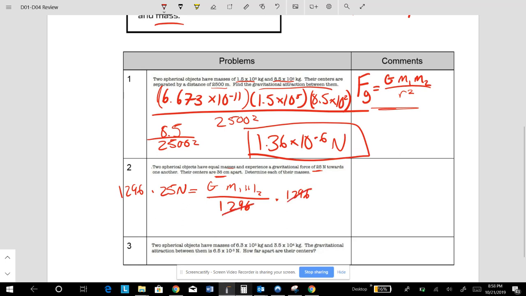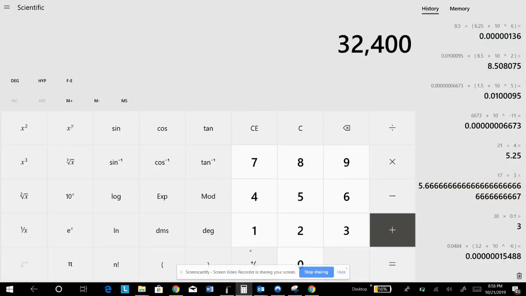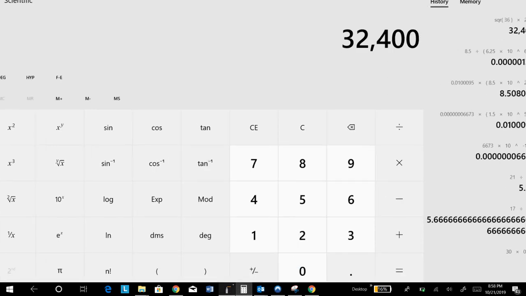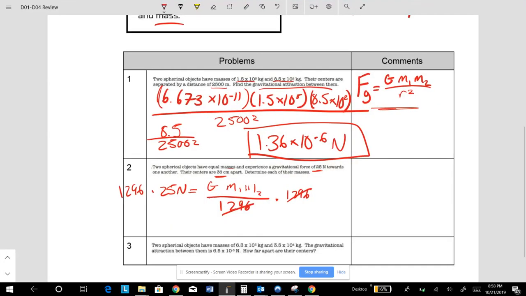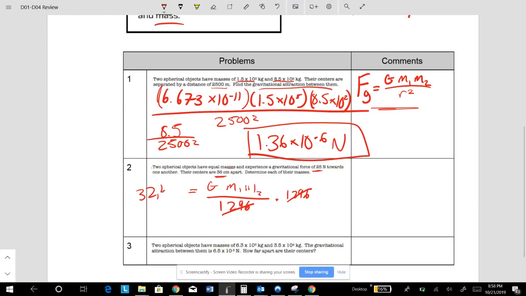So then we have 1,296 times 25, which is 32,400. I'm going to come back here and we're going to erase this because what we've done is multiply them together. Then we have 32,400. And then I'm going to erase this to kind of clean it up. So we cross cancel these. And so what we have left is this.